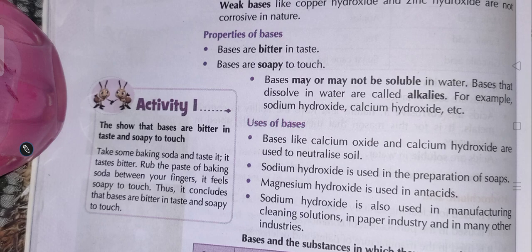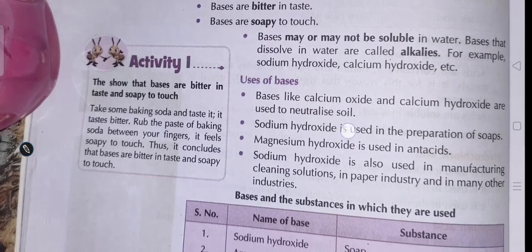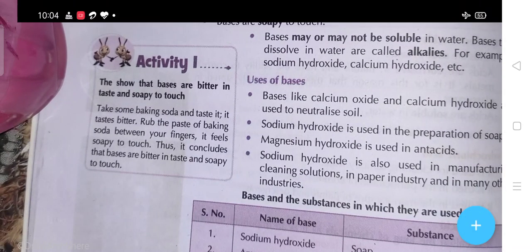Now students, again about bases, there are some uses of bases in our daily life. Bases like calcium oxide and calcium hydroxide are used to neutralize soil.